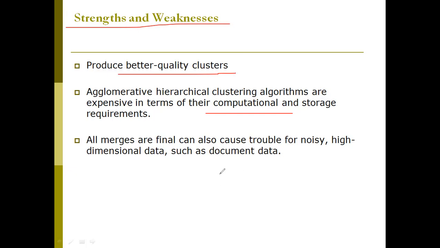Next, all mergers are final, which can also cause problems with noisy, high dimensional data. At the end, we may merge all the data points into a single cluster, isn't it? So it may cause noise, or it may be high dimensional data.